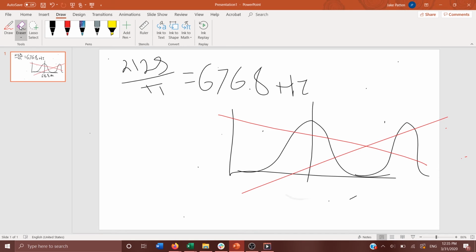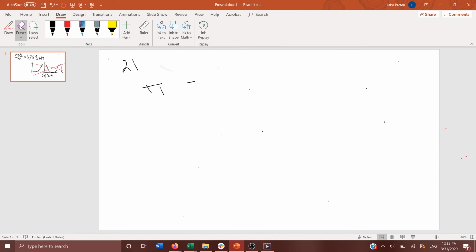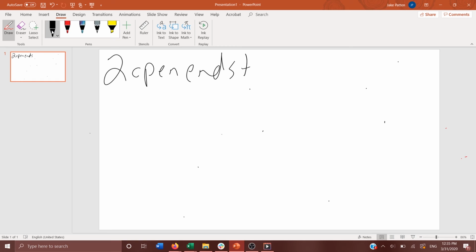All right, so let's get rid of this. Boop. Now we're going to do a two open ends tube. Hooray. The frequency for a tube that has both ends open is FRN. The little n is there to denote that there are multiple resonant frequencies, not just one, equals n multiplied by C over 2L.